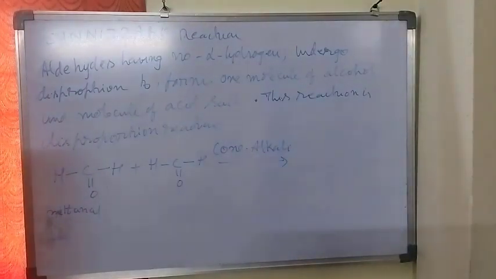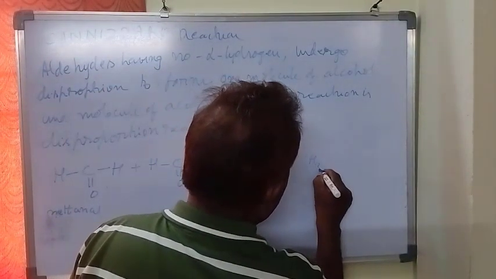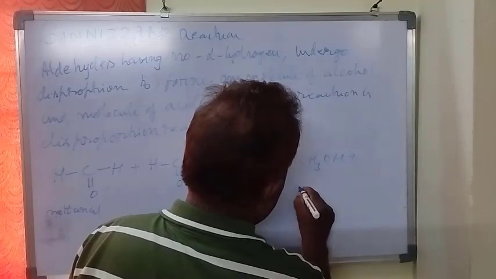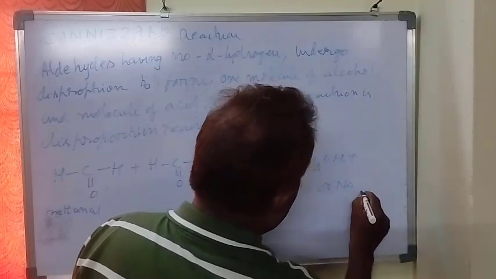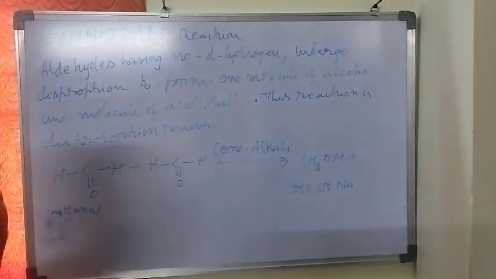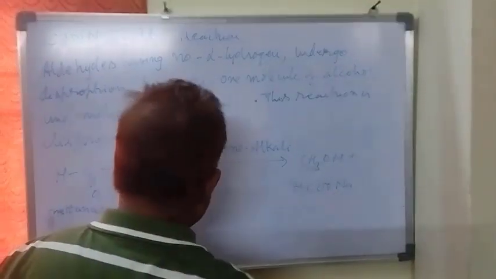In the concentrated alkali, what do we get? One is alcohol CH3OH plus HCOONa. This is the acid salt, and this is the alcohol, methyl alcohol and sodium formate.